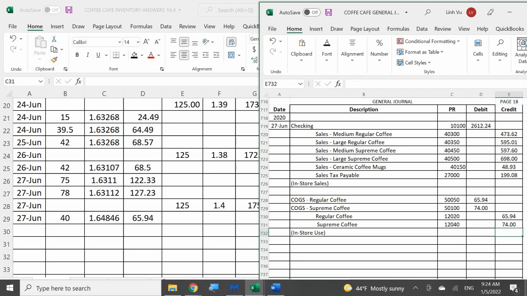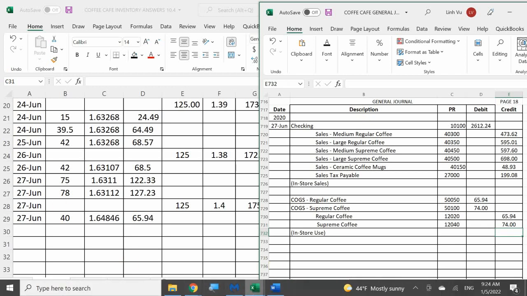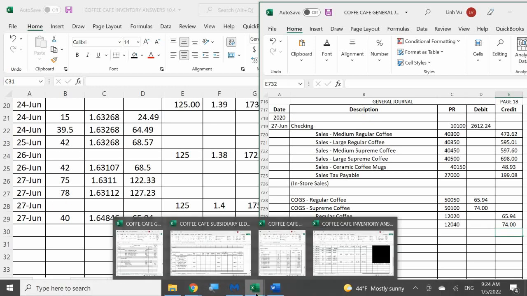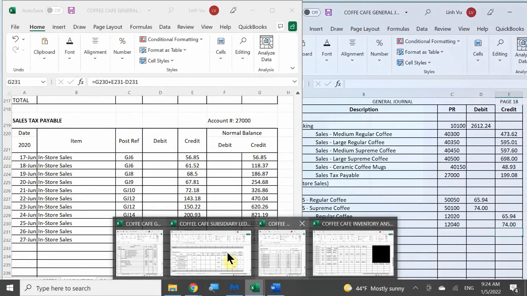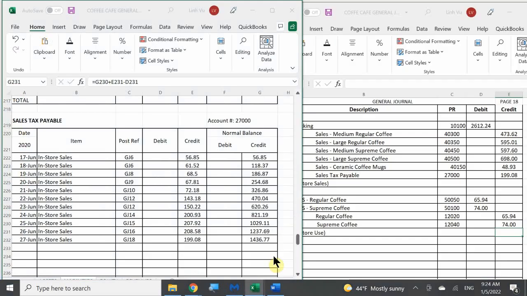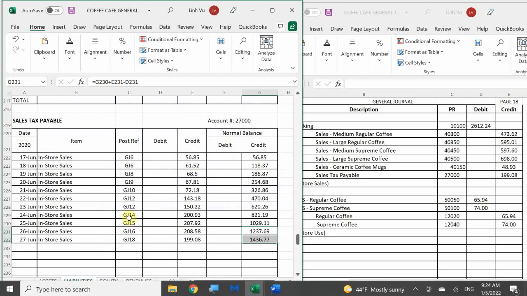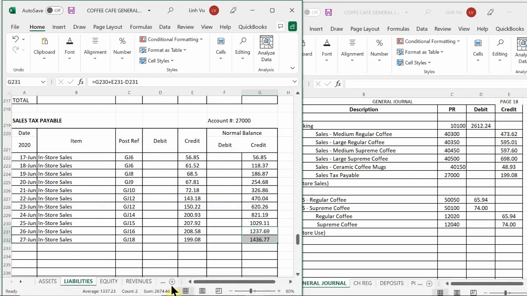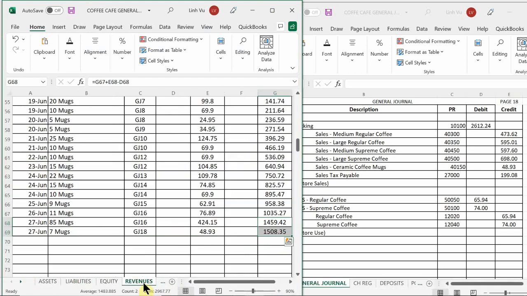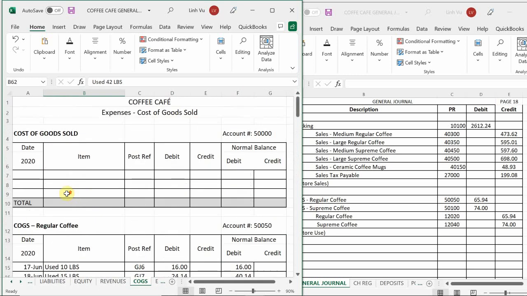Okay, in-store use. So let's update our ledger. Cost of goods sold.